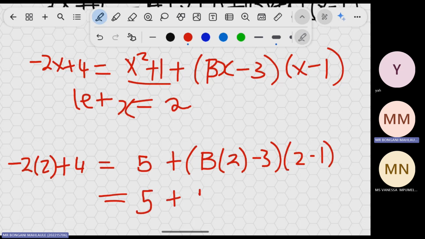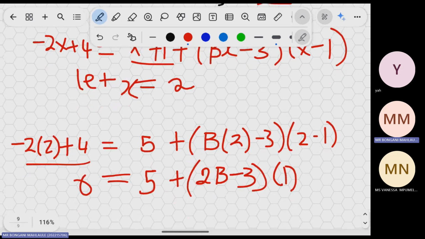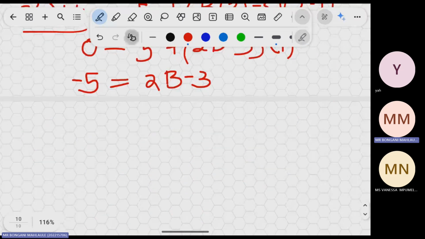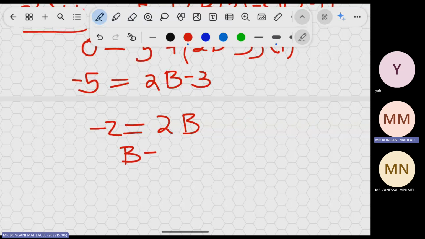Here we'll have 2b minus 3 multiplied by 1. This side will be 0, right? Then you'll have negative 5, 2b minus 3. Then you take the negative 3 to the right, you'll have negative 2, 2b. B will be equal to negative 1.